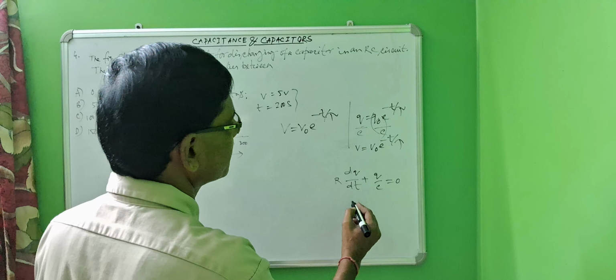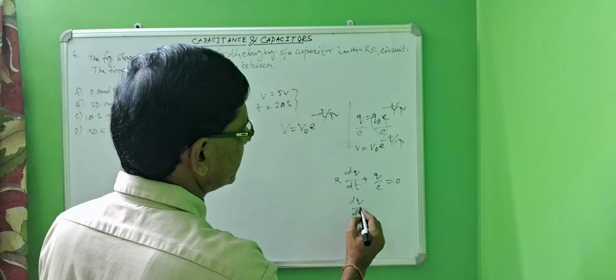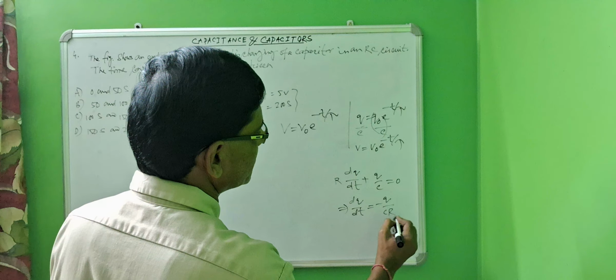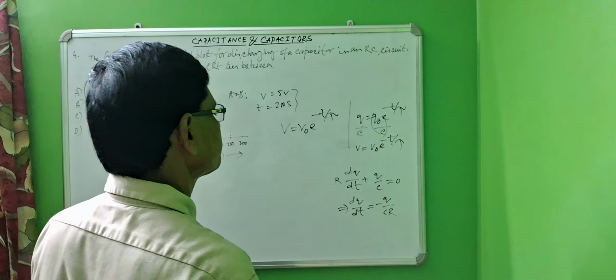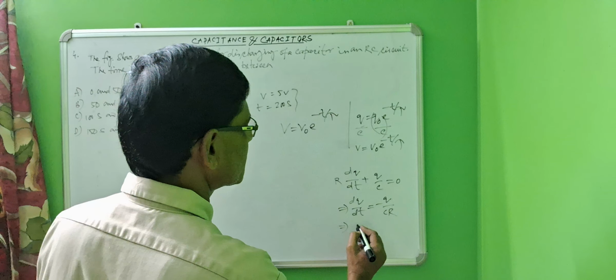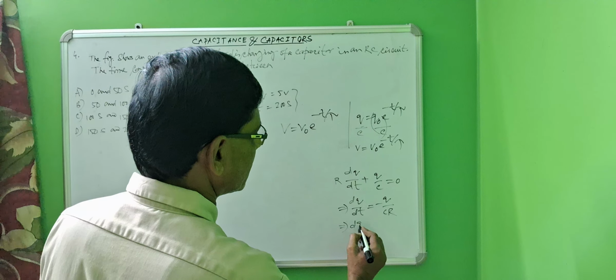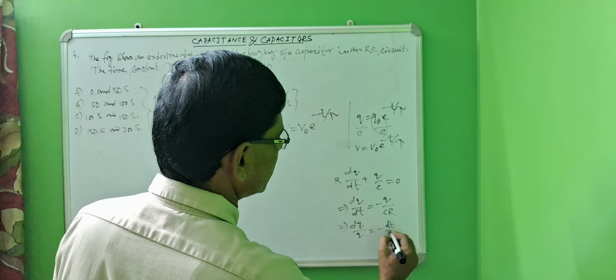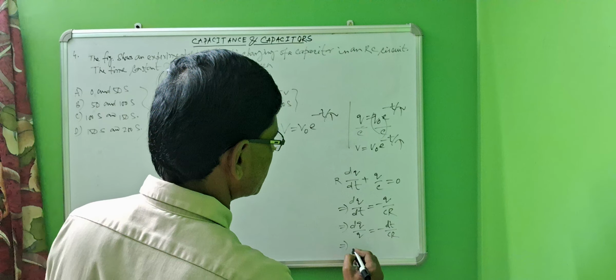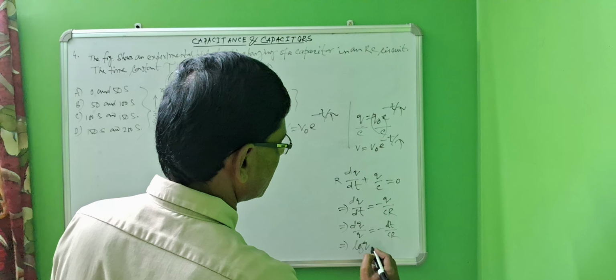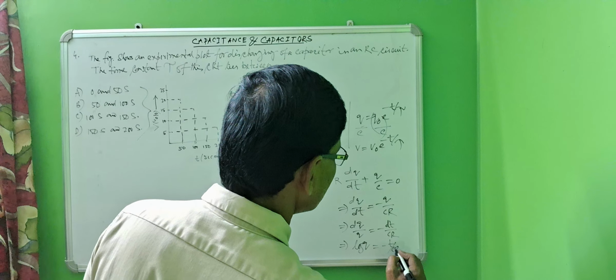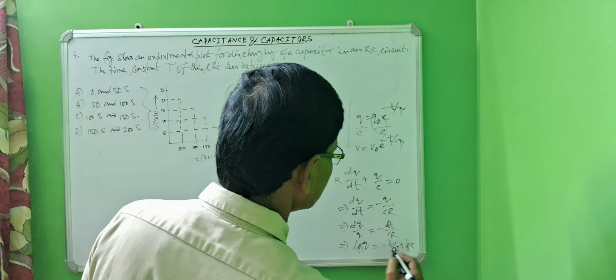From this we can get dq by dt equals minus q by CR, which implies dq upon q equals minus dt upon CR, which implies log q equals minus t upon CR plus log c.